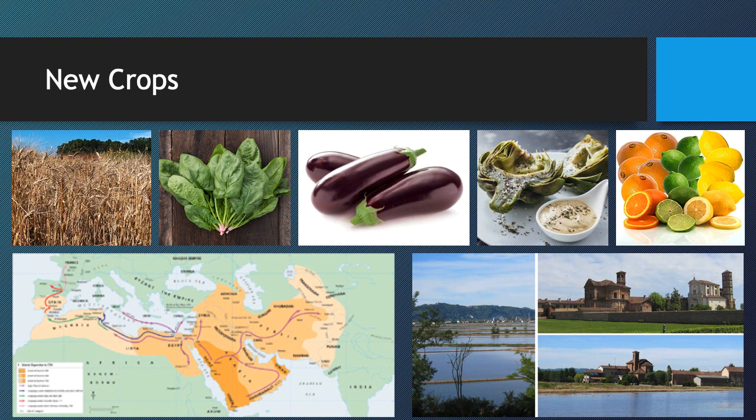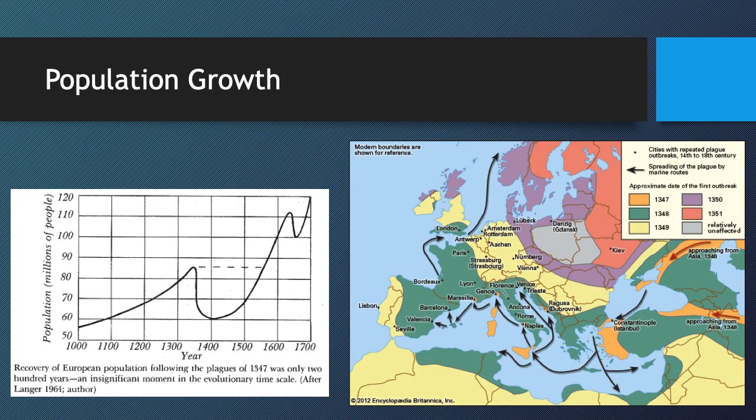And so now cultivating more of these crops allows for a better diet, and then the population is going to rise. Okay, so it goes from about 29 million around the year 800 to 79 million by 1300. And you could see here, right, there was an increase in population, and then the Black Death is going to interrupt it. You could see between the mid 1300s and 1400s, right, a rapid decline because of the Black Death, the bubonic plague.